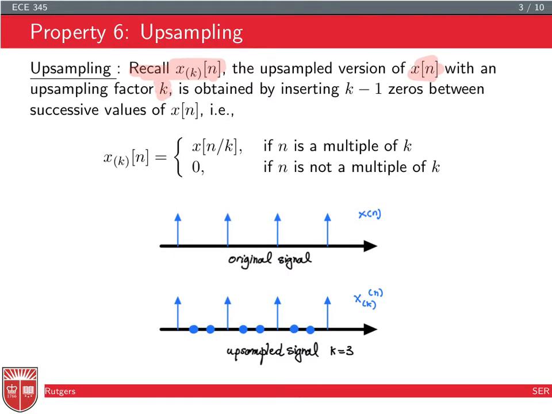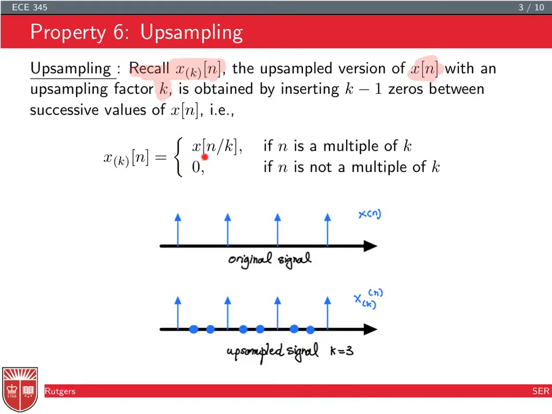And like I said, it's obtained by inserting k minus 1 zeros between two successive values of x of n, and the zeros are added at equal intervals between the two signals, as you can see here. And in a formal way, this is how we write it. xk of n is equal to the original signal at n by k, because here we multiplied the times by k. And otherwise, it's equal to 0.